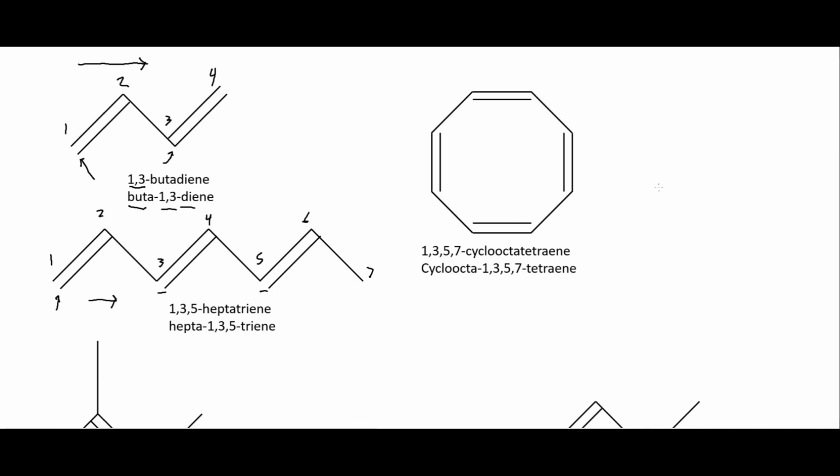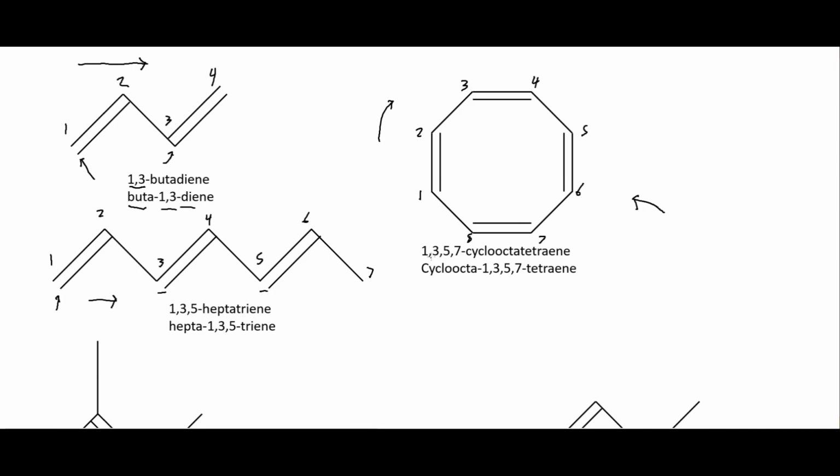And then this is to show both that we have the tetraene, but also that this can apply to cyclic molecules as well. And so we would start, if we're going around this way, we'd put 1 here, 2, 3, 4, 5, 6, 7, 8.